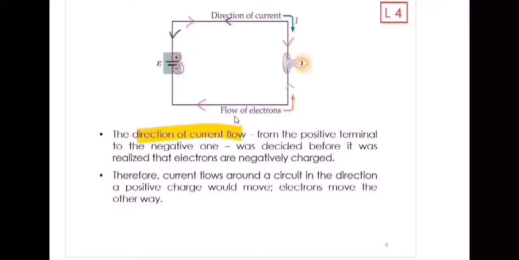Therefore, current flows around a circuit in the direction a positive charge would move. The electron moves the other way, so current is in the opposite direction of the electron. So this is a very important concept.